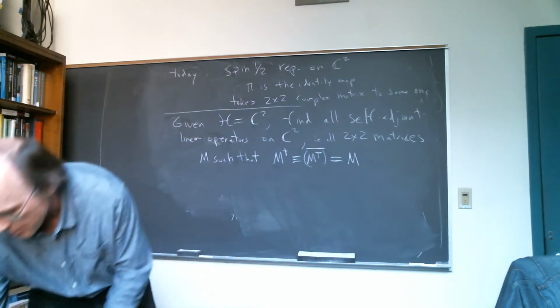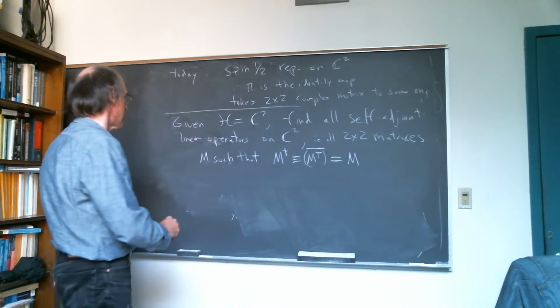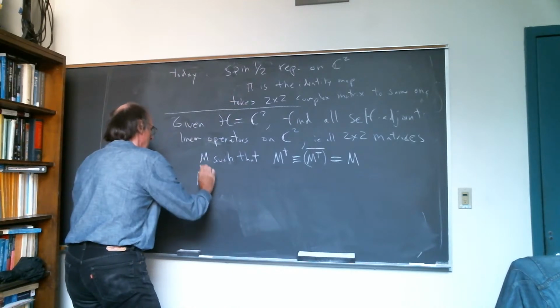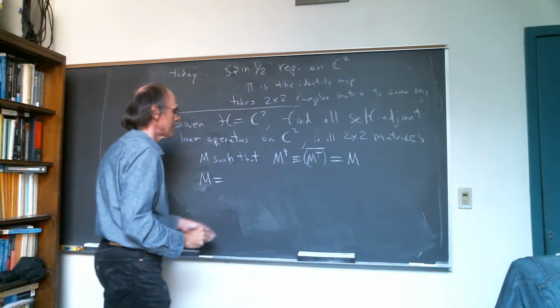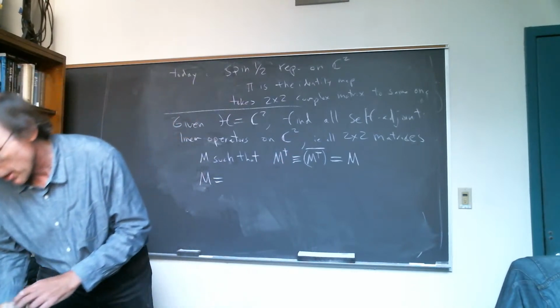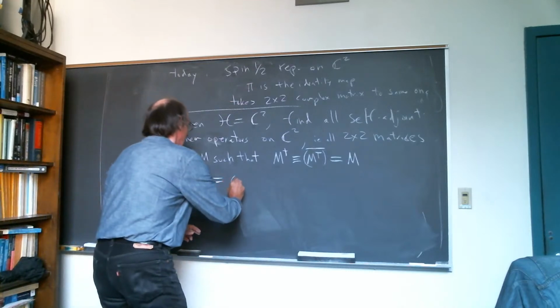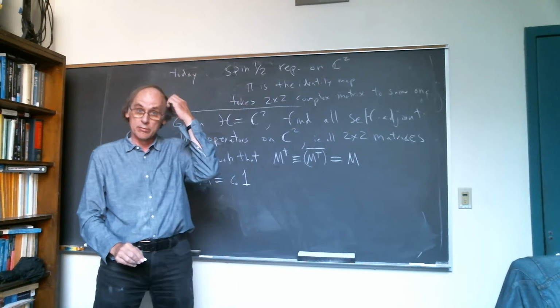Okay, and so the answer is fairly simple. The answer is that M is, well, I'll use the same notation, C1 and C0. So it's some constant times the identity matrix. I mean, the identity matrix is self-adjoint.